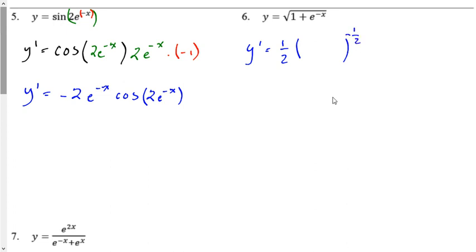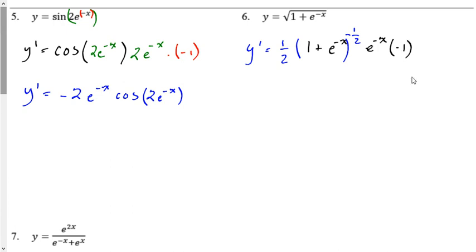Then I'll look at this inside function. Again, it's unchanged in here, 1 plus e to the negative x, and then times the derivative of this inside function. Derivative of 1 is 0. Derivative of e to the negative x will be e to the negative x times derivative of negative x, which is negative 1.